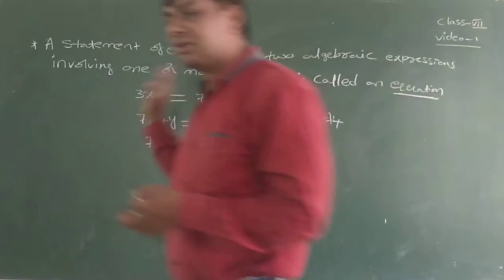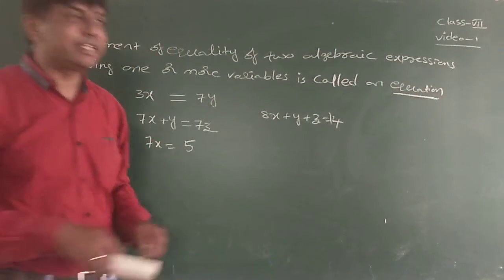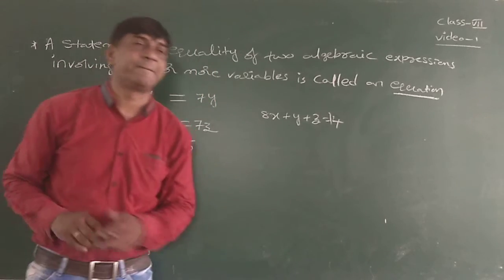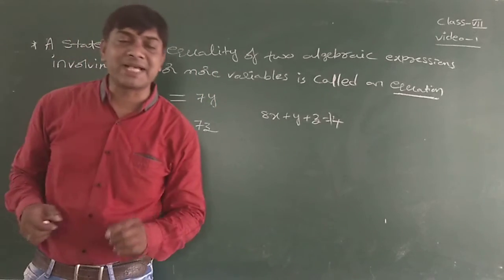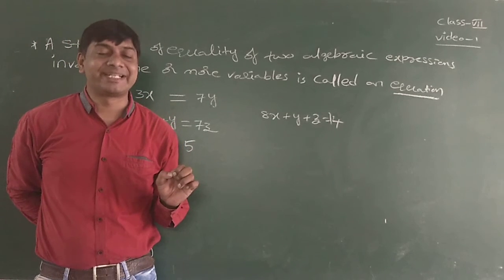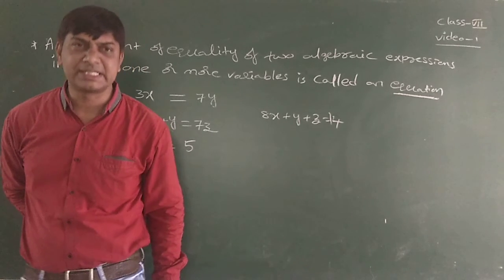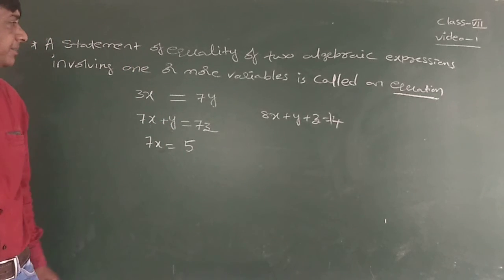Okay, now we are going to discuss that there are different types of equations. In those different types I am going to introduce the linear equation. What is a linear equation?